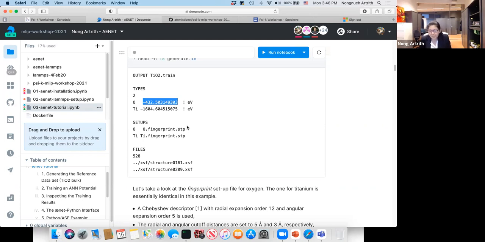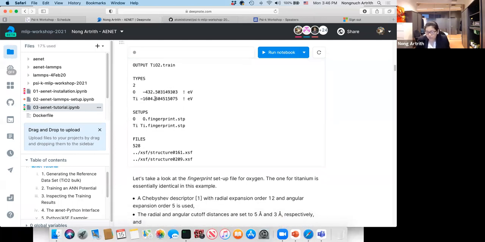Many people ask me, what is this atomic energy for oxygen? Usually we sometimes use O2 and divide it by 2. Or sometimes we just use an oxygen atom in a big box, an isolated oxygen atom, and put that energy there. So this is basically just one single oxygen energy. And titanium is the same.